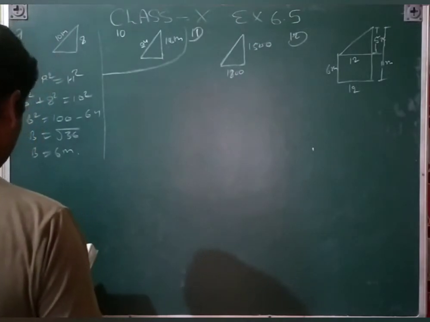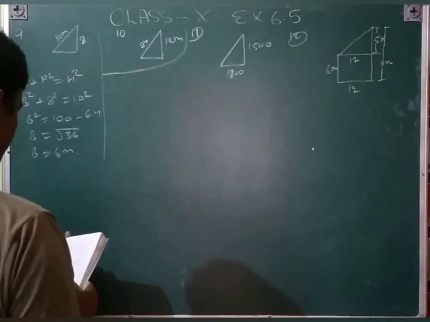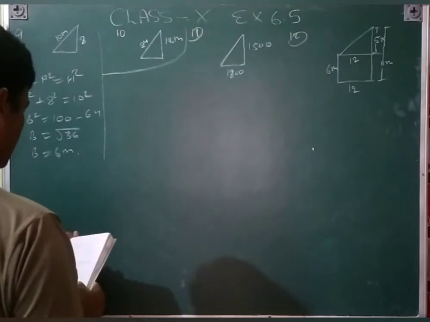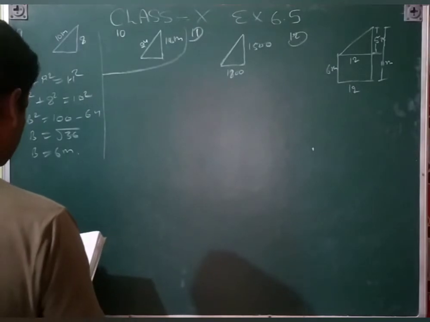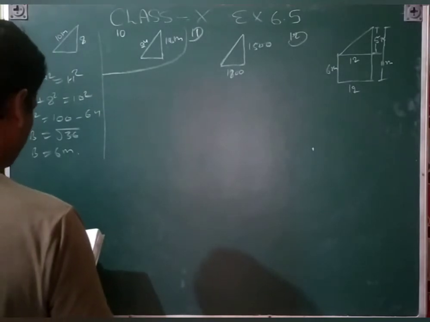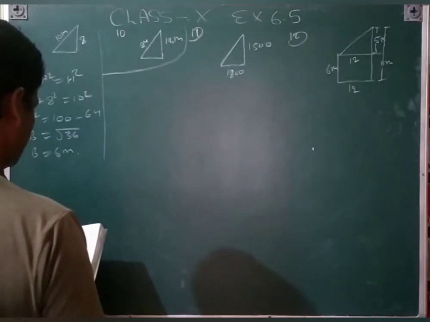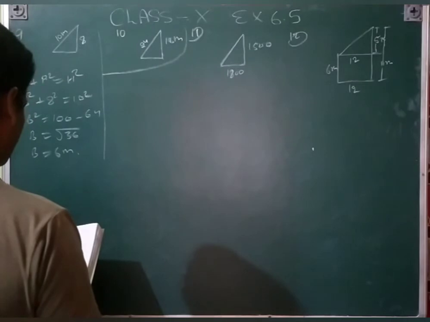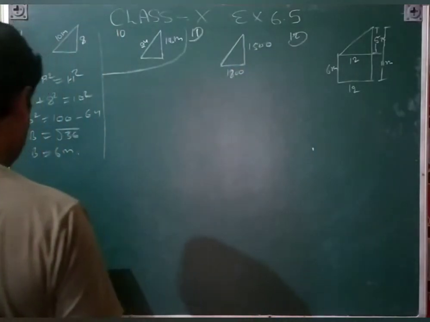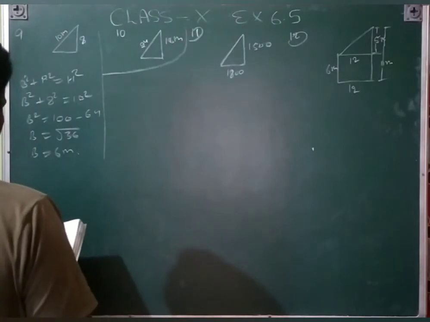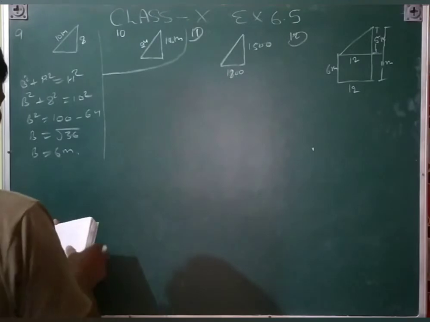And then the next question: an aeroplane leaves an airport and flies due north at a speed of 1000 km per hour. At the same time, another aeroplane leaves the same airport and flies west at a speed of 1200 km per hour. So that is one side and this is another side. How far apart will the two planes be after 1.5 hours?